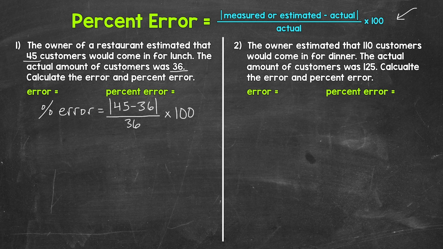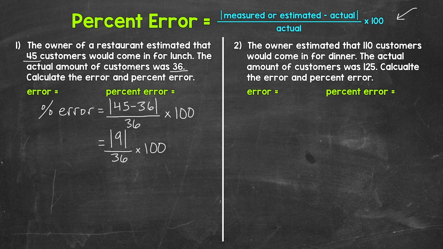And now we can work through this. Let's start with the subtraction. So we have 45 minus 36. That gives us 9. So we have the absolute value of 9 divided by 36 times 100.